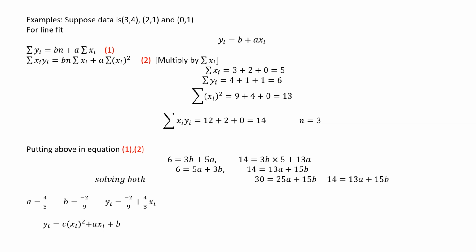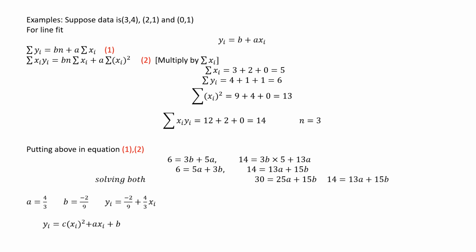First, we multiply by summation, so this will be summation yi equals bn plus a summation xi. Further, we multiply by xi: summation xi yi equals b summation xi plus a summation xi square.